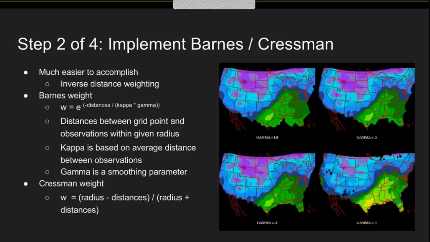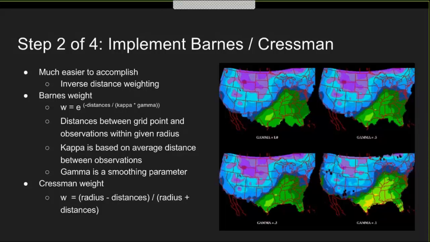Okay, the next step was inverse distance weighting, and these were much more straightforward. There were a lot of good, helpful walkthroughs on the Unidata pages. These weights are based on how far your points are from the grid point you're trying to estimate a value for, and usually you say, I only want to consider points within a certain search radius.